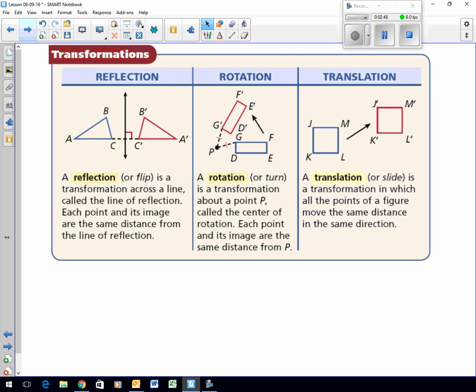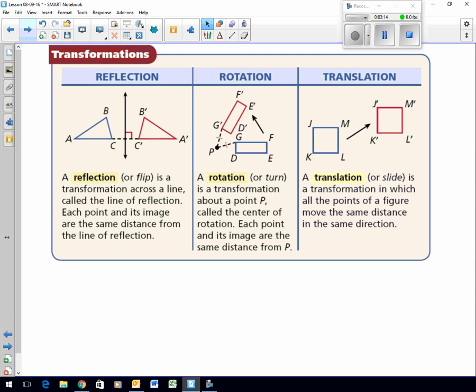The three transformations we're going to be talking about today are reflections, rotations, translations. You can just glance at the examples.